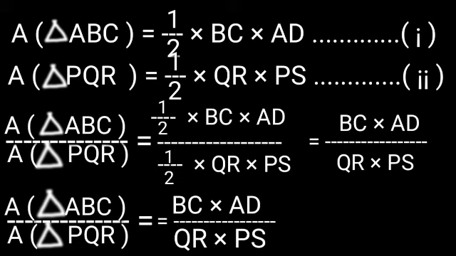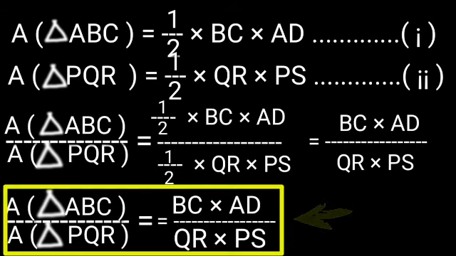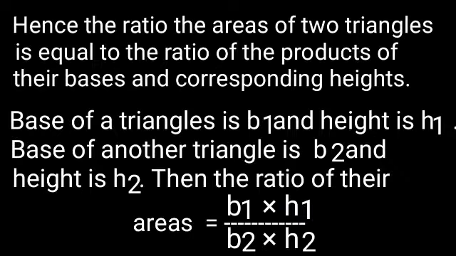Hence, area of triangle ABC upon area of triangle PQR is equal to BC into AD upon QR into PS. Hence, the ratio of the areas of two triangles is equal to the ratio of the products of their bases and corresponding heights.